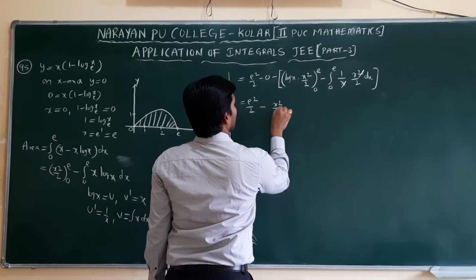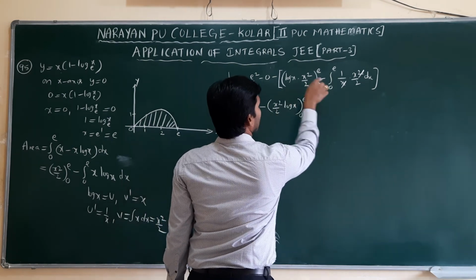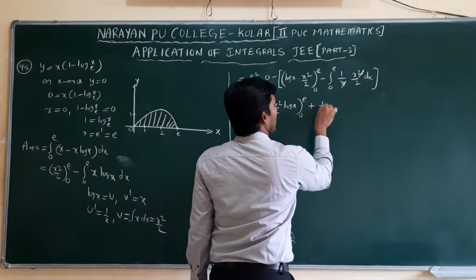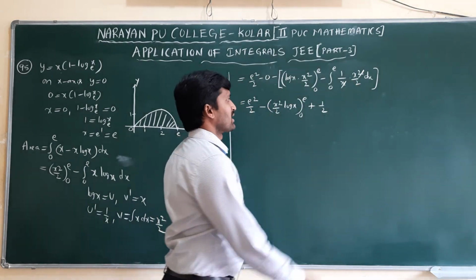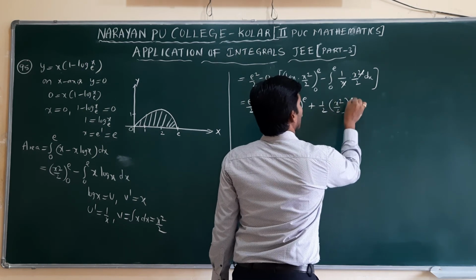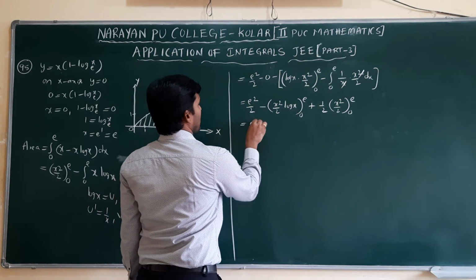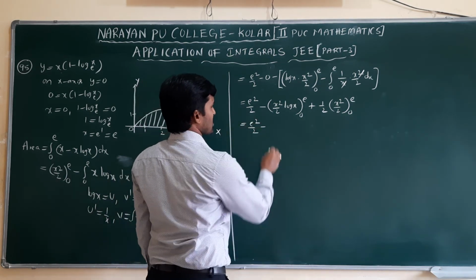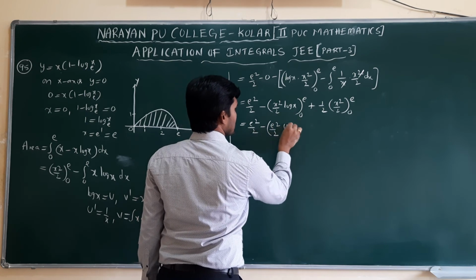Now x square by 2 log x from 0 to e, minus of minus, plus 1 by 2 common. Which value is left remaining? Integral of x only. Integral of x formula is what? x square by 2, from 0 to e. From this, e square by 2 minus, if you substitute upper limit, e square by 2 into log e base e is 1.